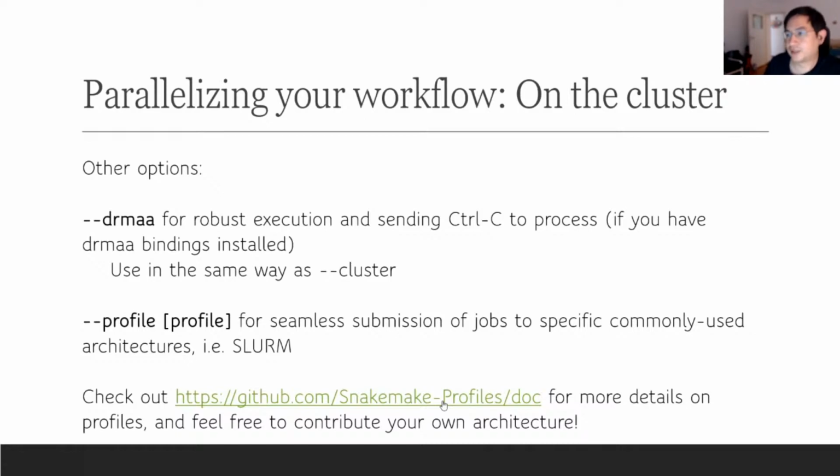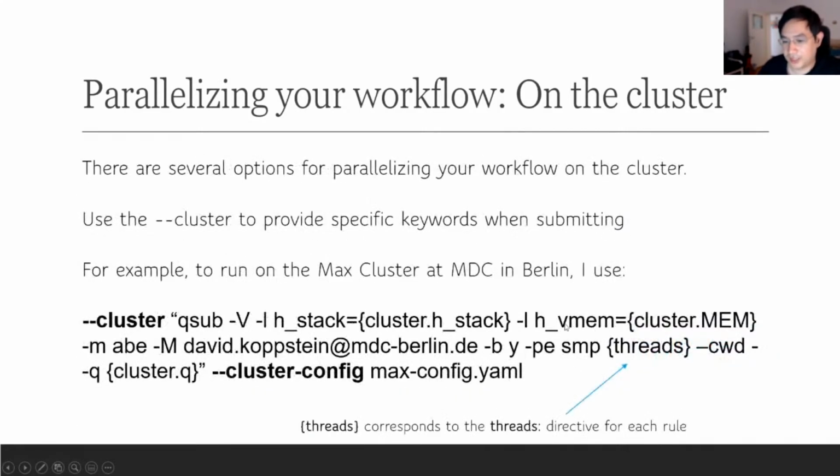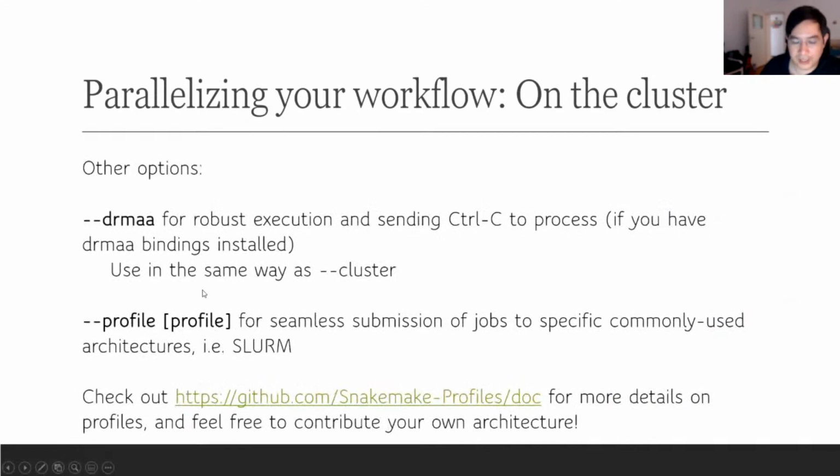So, for example, this h_vmem variable, which I spoke of previously, might be called something else on a different type of cluster, like on Slurm. What this does is it generalizes all of these into one profile, and then you can execute it using the profile that is specific for your architecture.